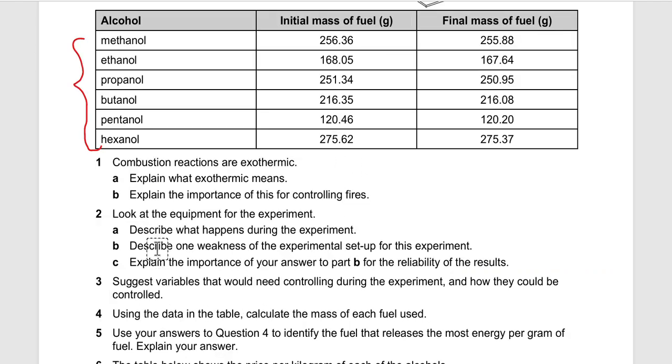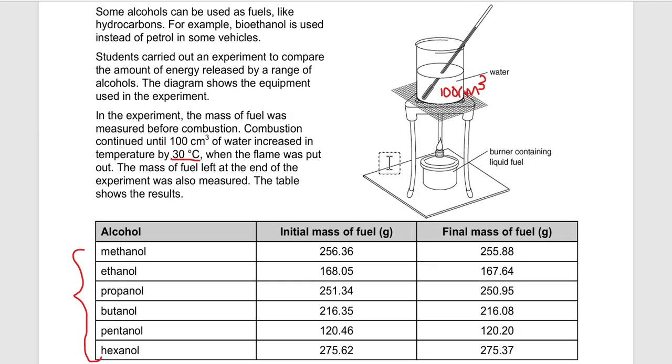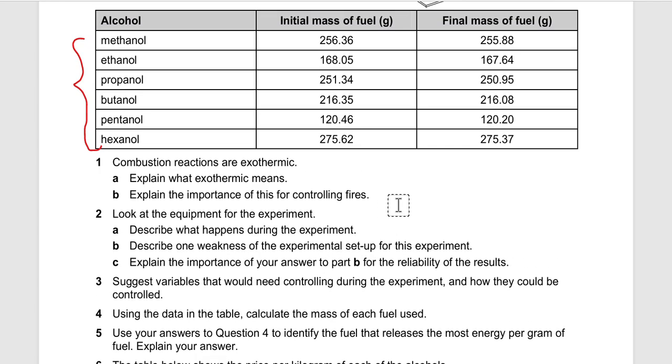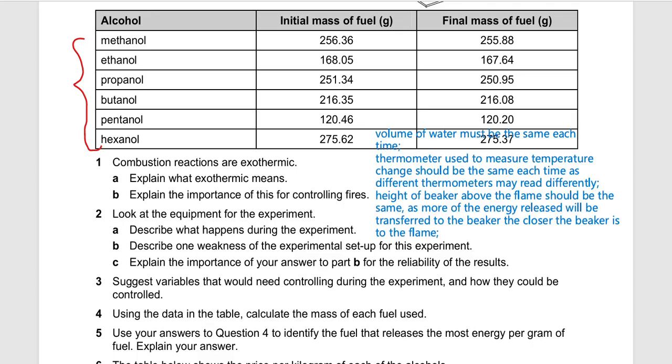Right, for question 3 they are asking you to suggest variables that would need controlling during the experiment and how they could be controlled. So once again I'll show the apparatus here, the equipment used here. So you can just say which things need to be controlled during this experiment. Okay, so for question 3 I have given an answer here.